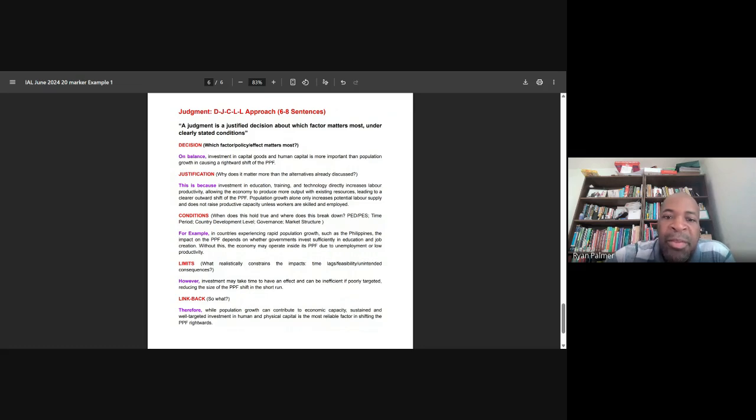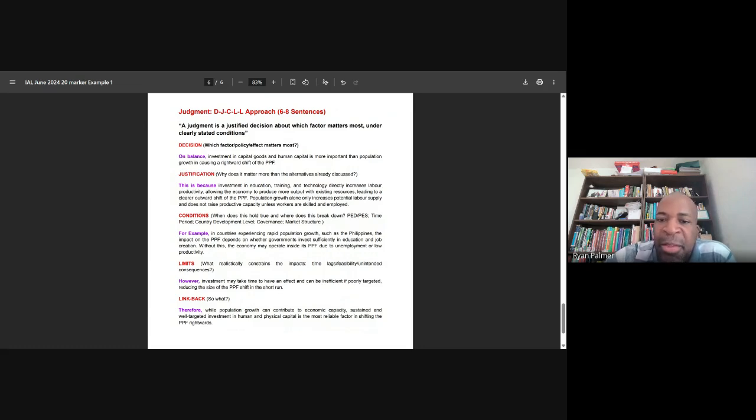So it's better to have quality capital goods, quality human capital, quality workers, quality land, quality enterprise, and that would be more instrumental in shifting the PPF rightward than just having more capital and more labor. All right, so the first sentence therefore is to state the decision.